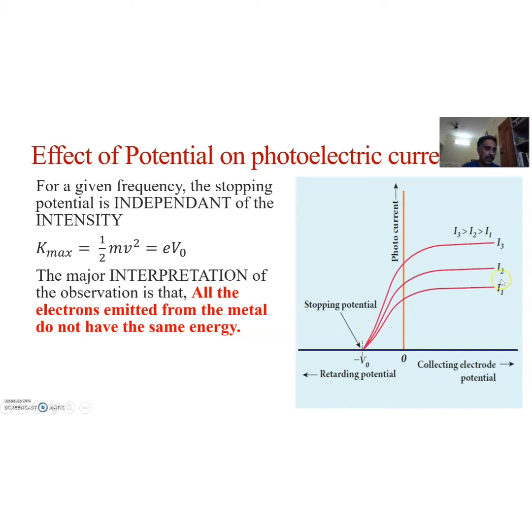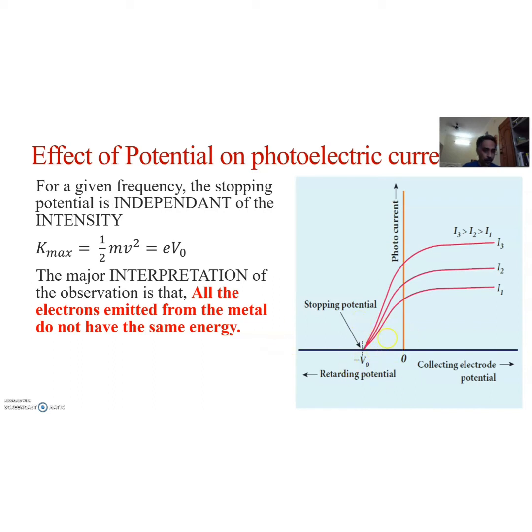We kept on increasing the intensity, but the pattern remains the same. For all the intensities the pattern is the same, and we have the same stopping potential, provided the frequency is constant. So this is the startling discovery.